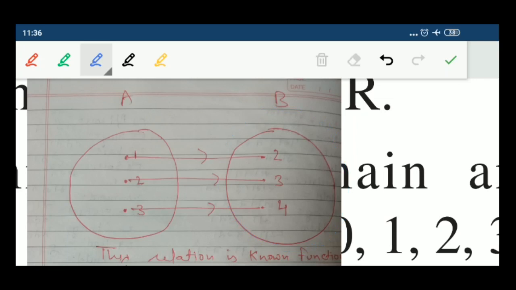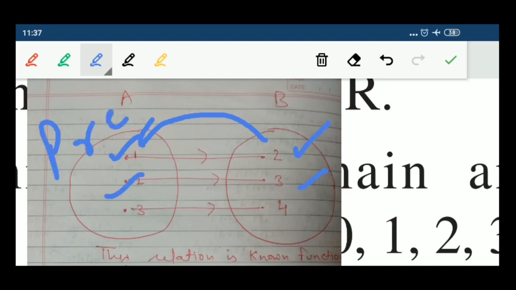And one more important point: you can see 2 is the image of this element, and this element lies in set A and is known as the pre-image of 2. In the same way, 3 is the image of 2, and 2 is called the pre-image. Remember, pre-image.